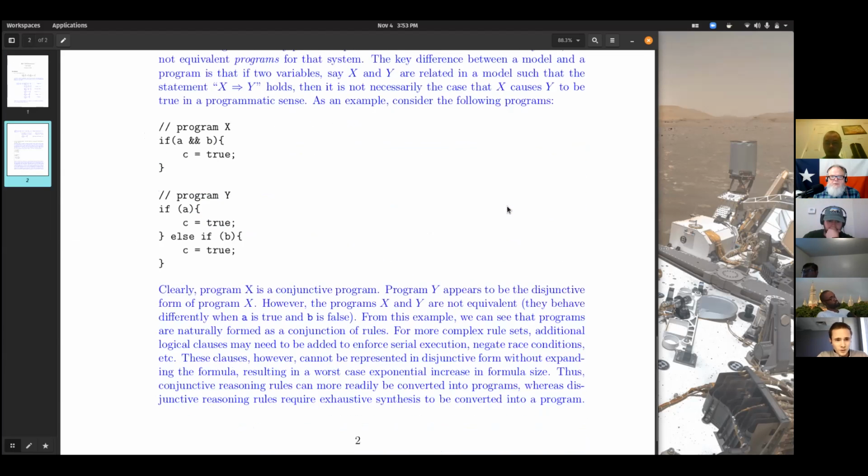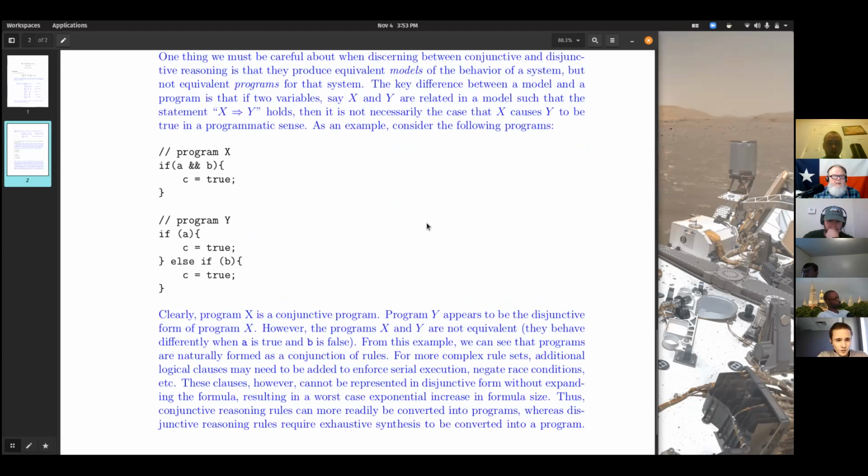It has to apply for the entire truth table. The other thing, for the disjunctive, let's see, do I see the false implying false being true here? These two programs look like they're equivalent by the law of importation, but if, for example, A is true and B is false, then C will be set to true, whereas C will not be set to true here.